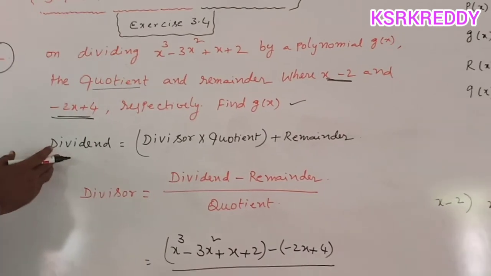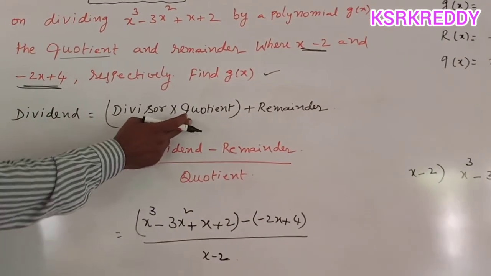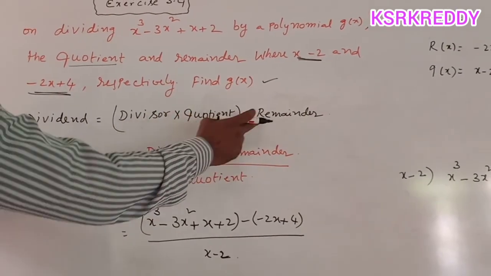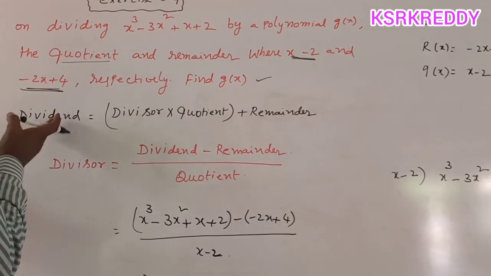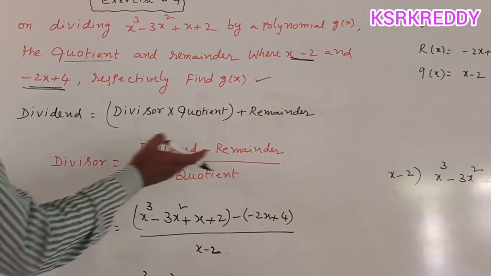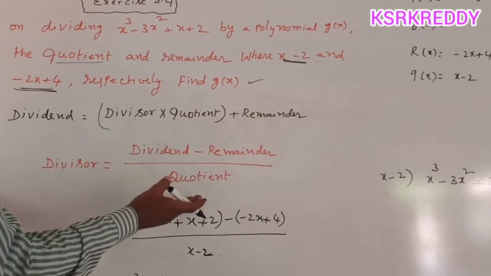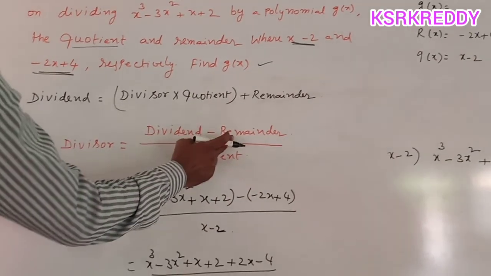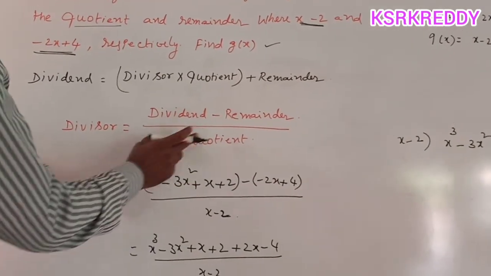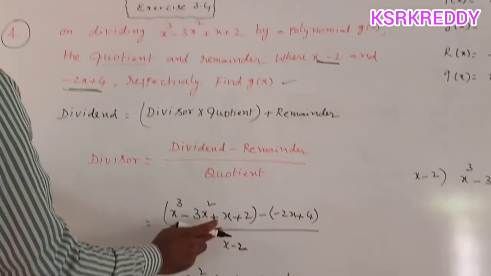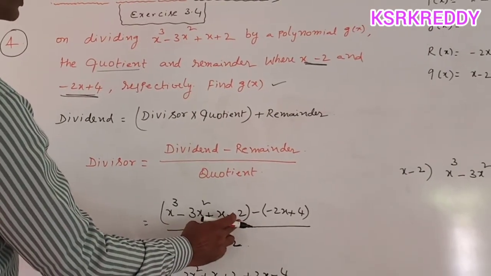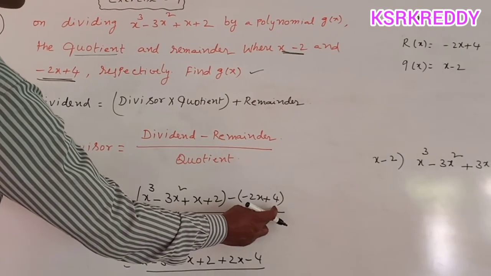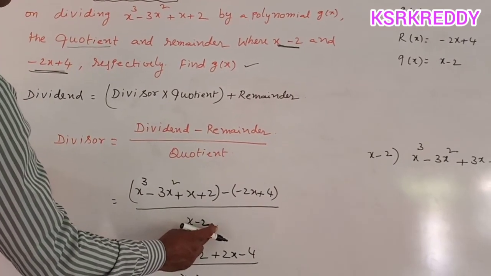We already know that dividend equals divisor into quotient plus remainder. Changing the remainder to this side, divisor equals dividend minus remainder, by quotient. What is the dividend? x cube minus 3x square plus x plus 2, minus the remainder minus 2x plus 4, by the quotient x minus 2.